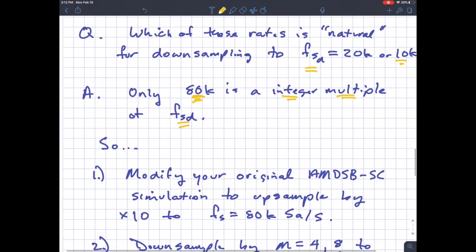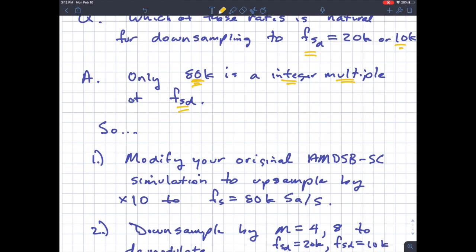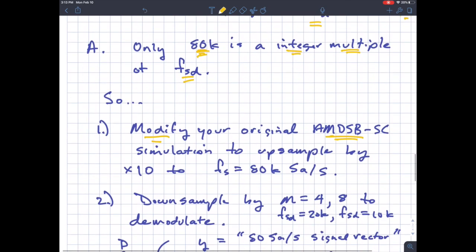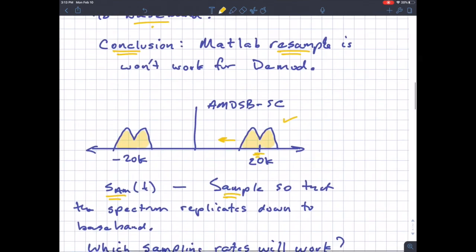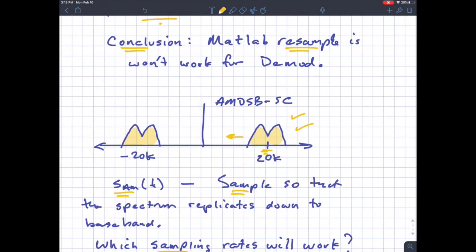So what we can do is modify your original AM/DSB suppressed carrier simulation to upsample by a factor of 10, so upsample the speech to 80K, and multiply by the oscillator. We know that signal is sampled at 80 kilosamples per second. The spectrum is still showing up where we want it, at 20K and minus 20K, when you do plot spec.